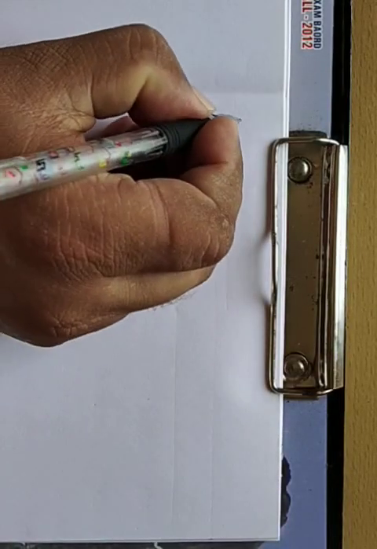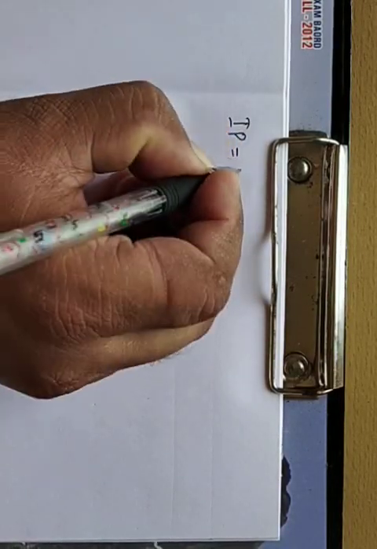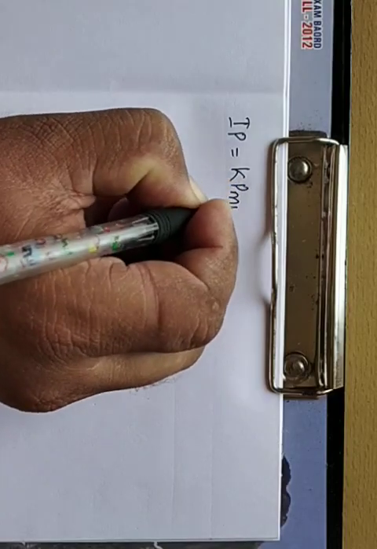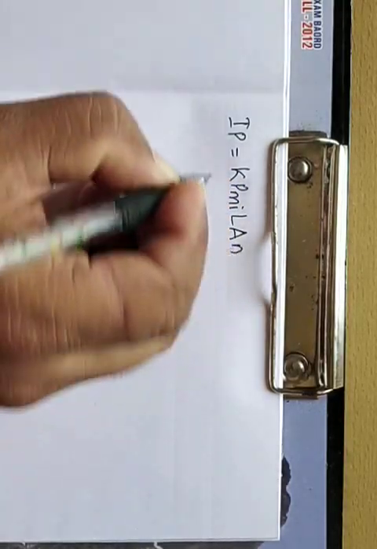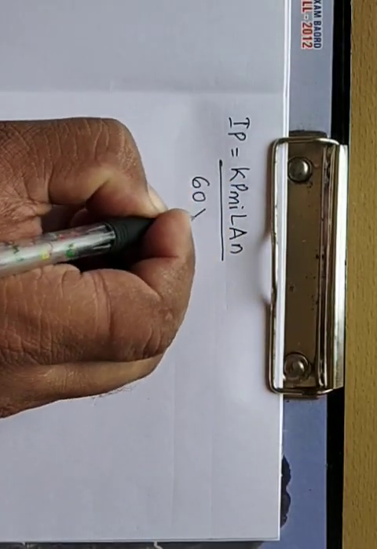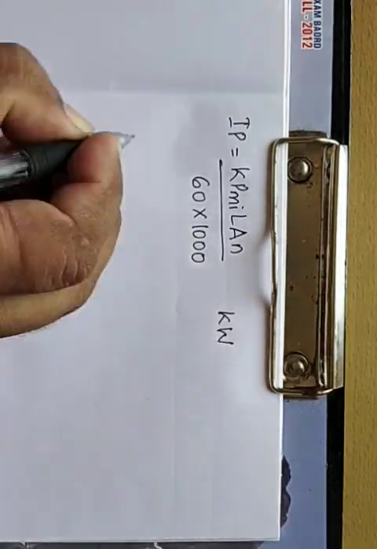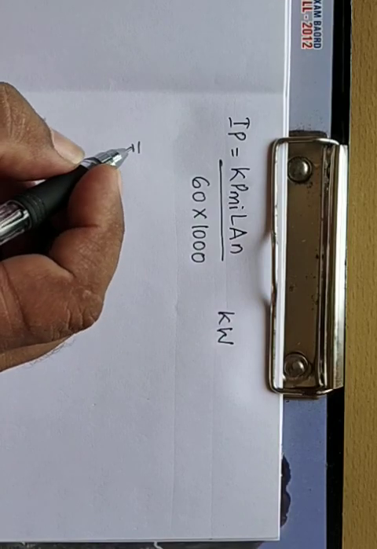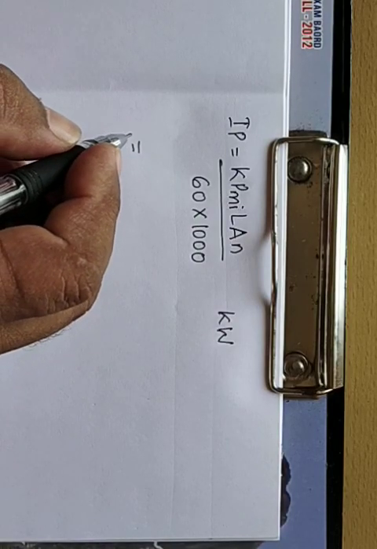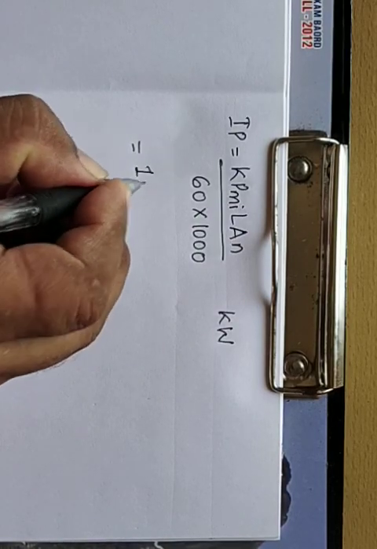So now let us find out first IP. We know the equation for IP, K PMI LAN divided by 60 into 1000. The unit is kilowatt. So K, number of cylinders. The test is conducted on a single cylinder, K is 1.